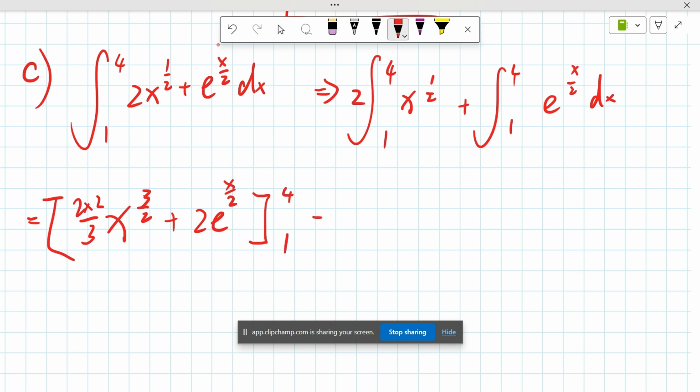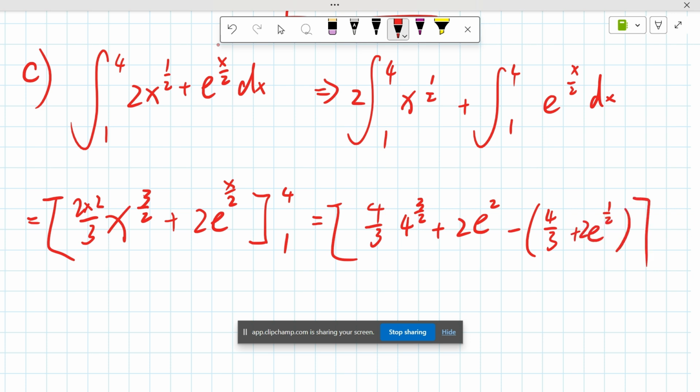So that equals 4 over 3 times 4 to the 3 over 2, plus 2e squared, minus 4 over 3, plus 2e to the half. Yep, that's the total answer.